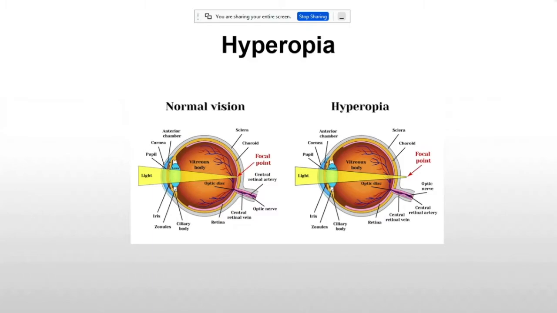It is calculated by the formula 1 divided by the centimeters of work distance. Remember, at reading distance, the ametropic eye accommodates 3 diopters.